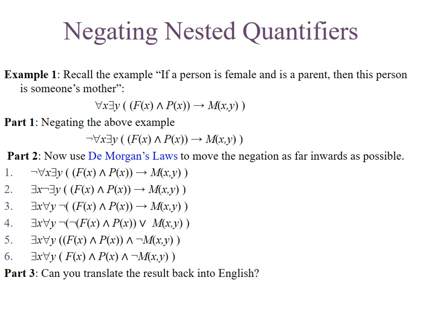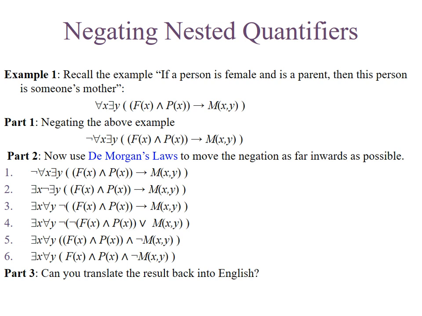Okay, so let's see what's the English sentence of the last one. Why is it the negation of the original sentence? Okay, if we have a particular person x, then for all persons in the range, x is female, x is a parent, and he is not everyone's mother, or she is not everyone's mother.